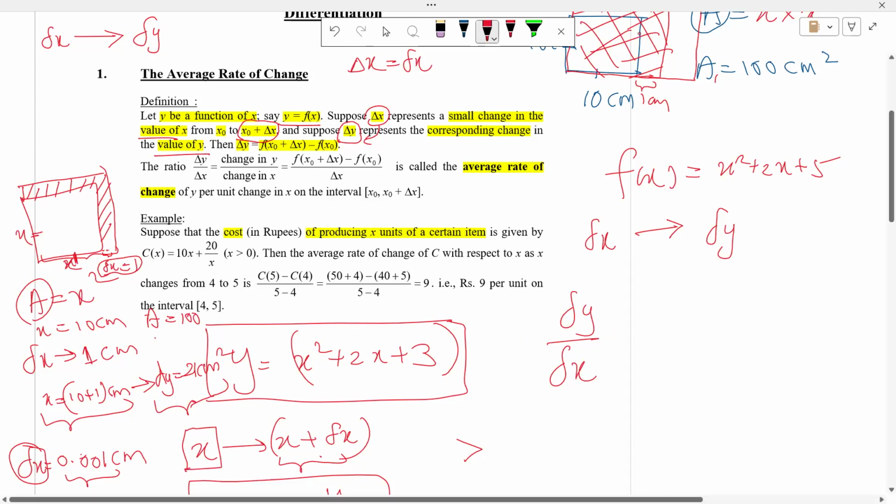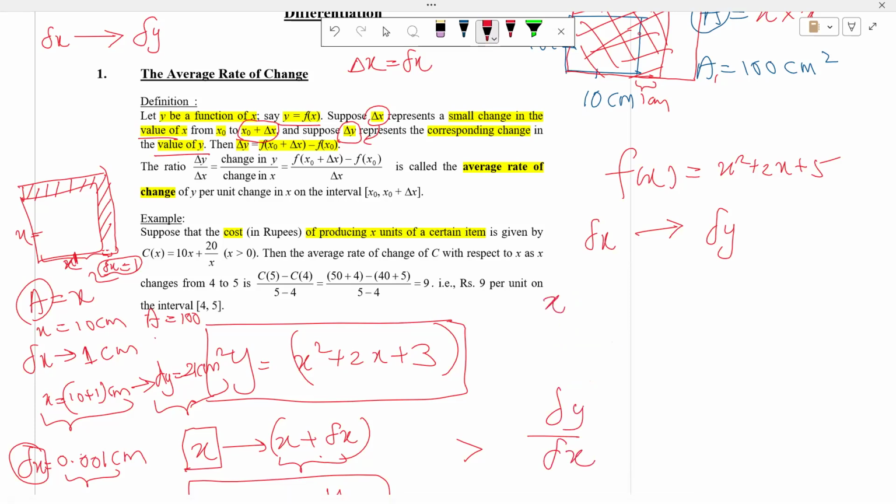So that change, delta y over delta x, we call the average rate of change. How can we find out this delta y? Tell me. So now we need delta y over delta x, right?